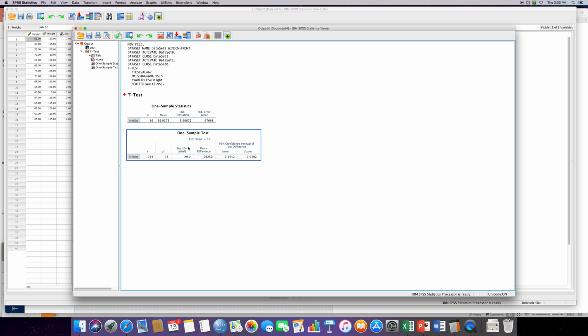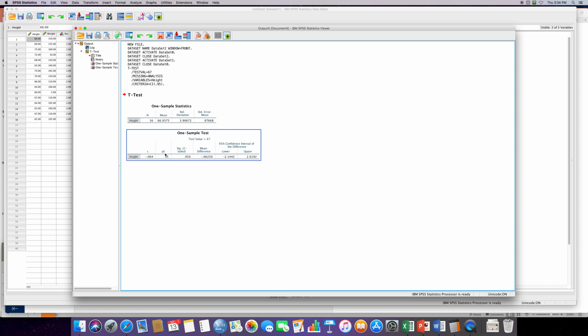So the computer actually just ran the t-test for us. In the example that we're using here, our t-value was negative 0.064. So if we take this whole group, our little sample, and compare it against our test value, if we know our population average was 67 inches, as a group they had a t-score of negative 0.064, which is not very big at all, remember?